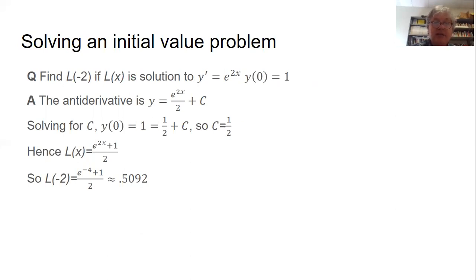We can use that c to solve for the initial value. y of 0 equals 1, and e to the 0 is 1, so that's 1/2 plus c, so c equals 1/2. Therefore, L of x equals e to the 2x plus 1 divided by 2. Plugging in minus 2, we get e to the minus 4 plus 1 divided by 2, which is approximately 0.5092.